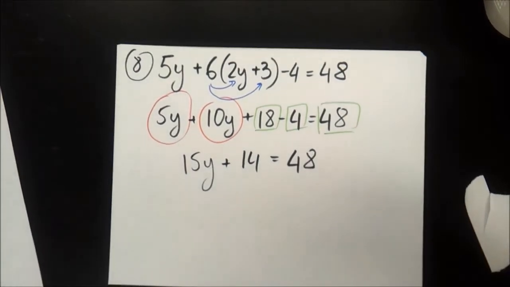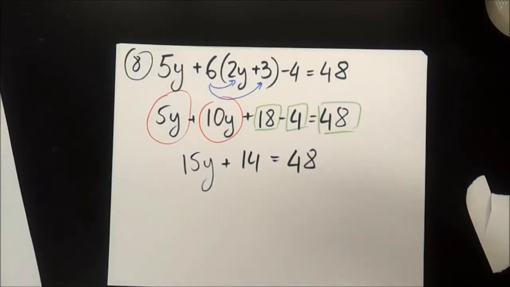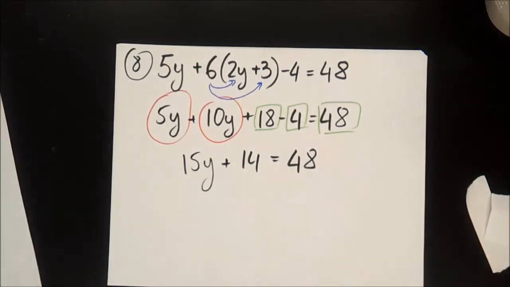Ooh. Looks like this one, unless I did my math correctly, is not going to work out the way I hoped it would. Oh well. That's fine. We're just going to have a fraction for an answer. It's not a big deal.